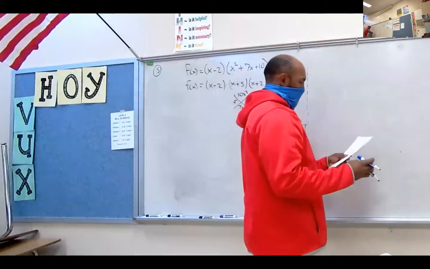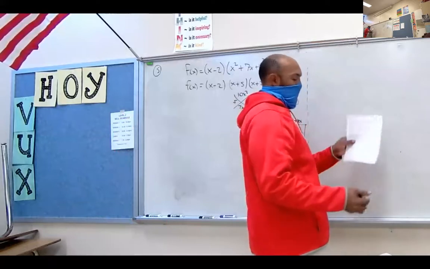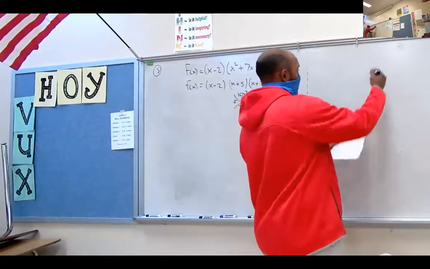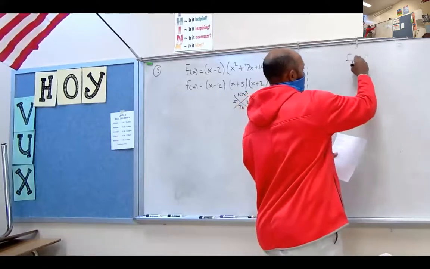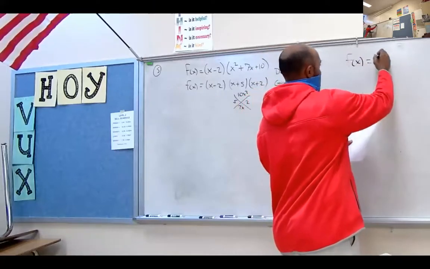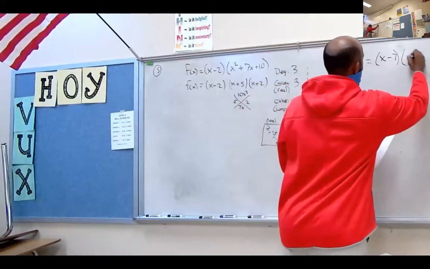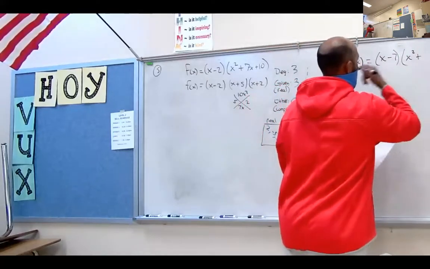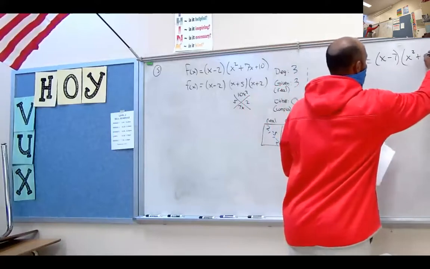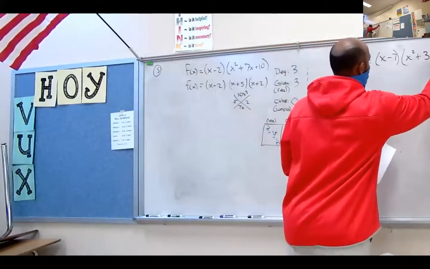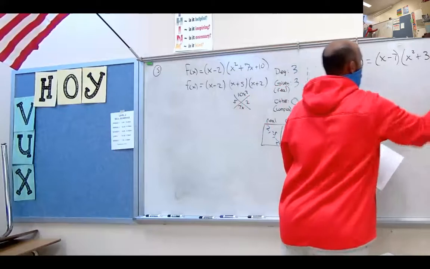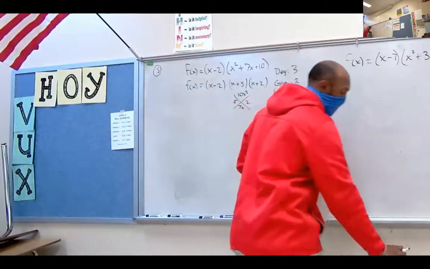Now the back page, this is where you're going to start dealing with complex roots. A lot like that problem we saw earlier, let's say 3x plus 5. I did that one on the board earlier.